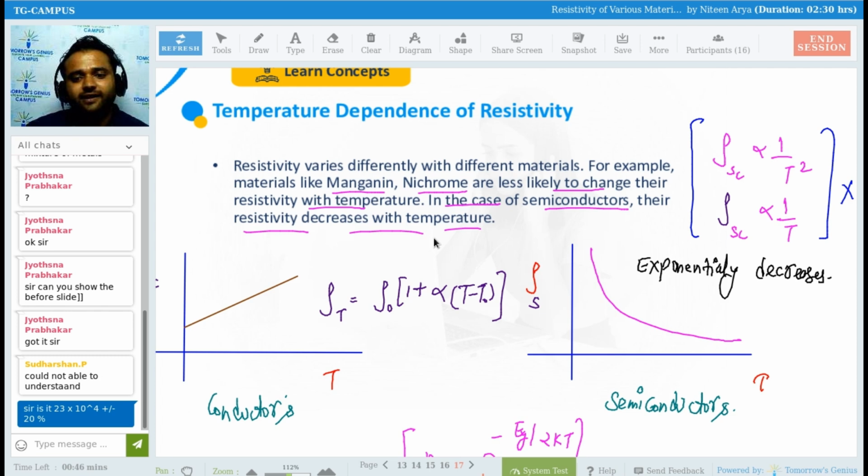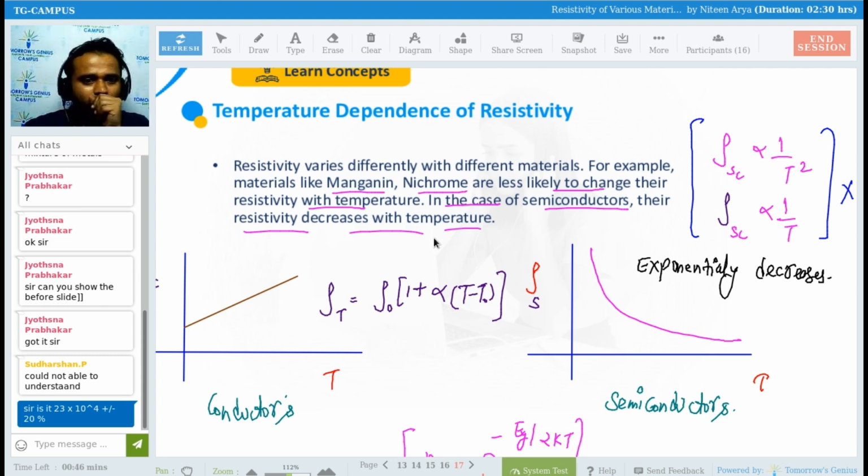So they ask deliberately: they give a graph like this, and other graphs also, and the question looks like this: pick the non-ohmic conductors from the given graphs.